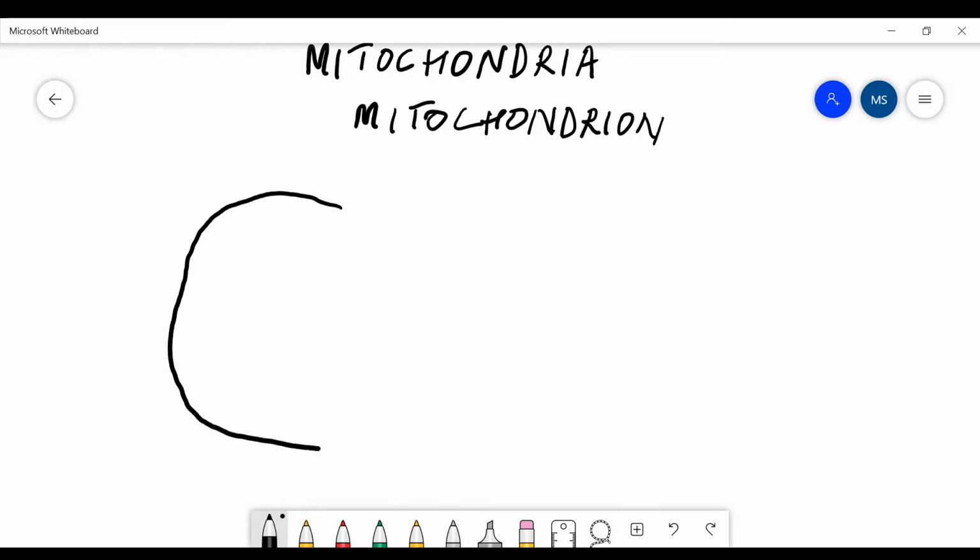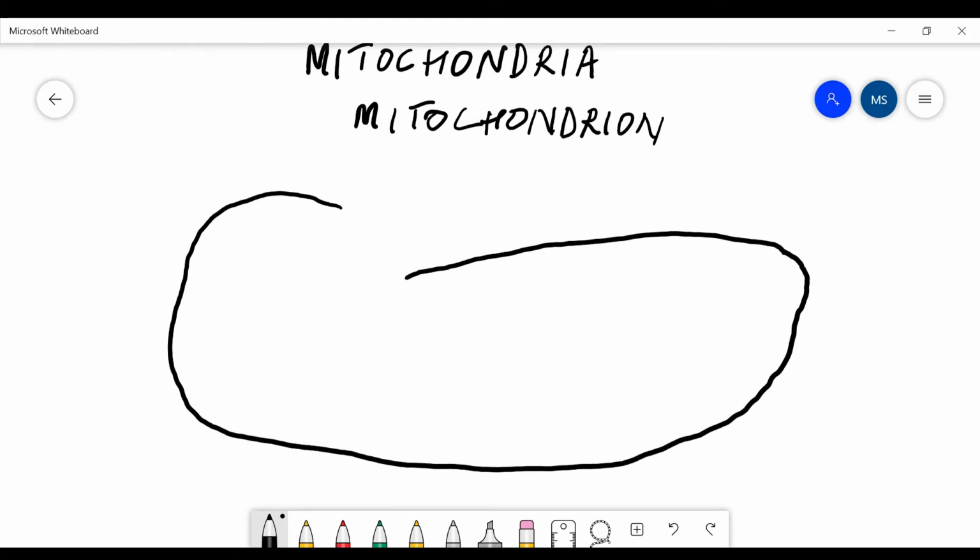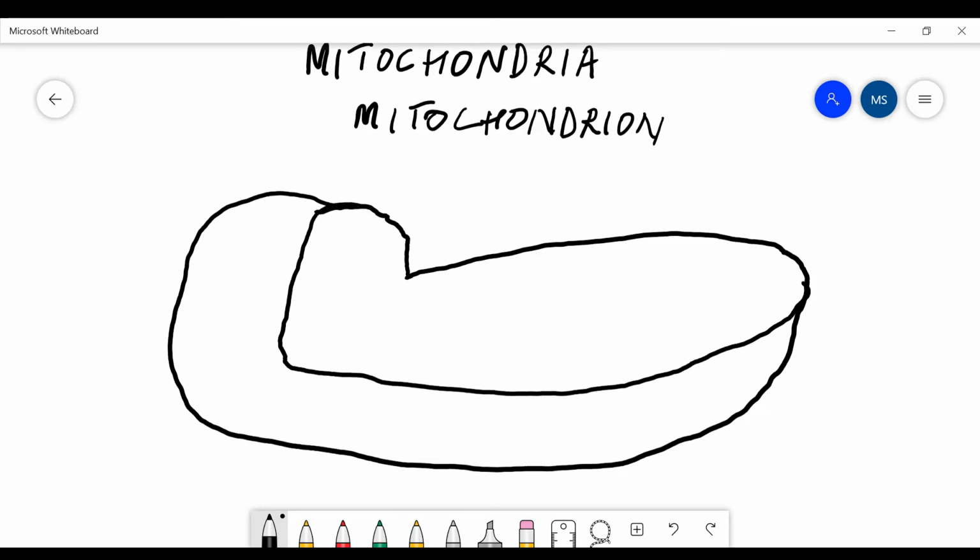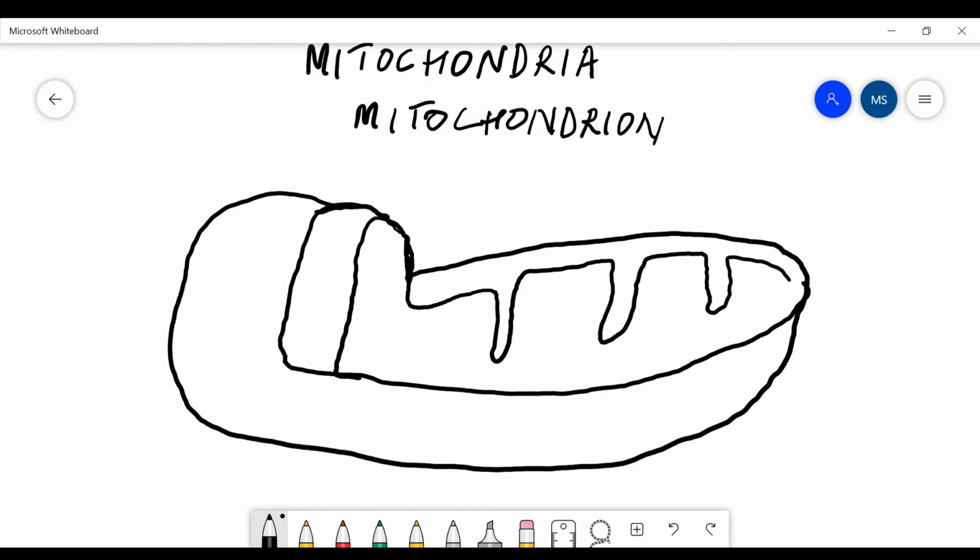This is the outer membrane that I am drawing. These are the folds which occur.